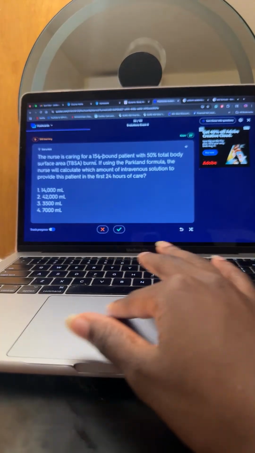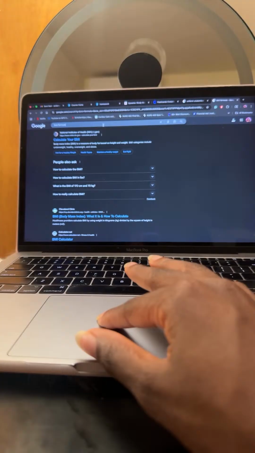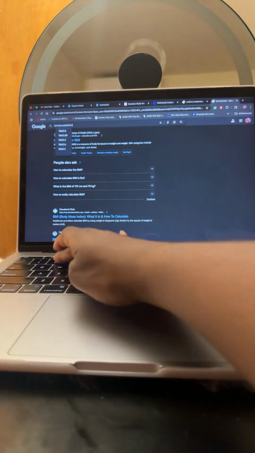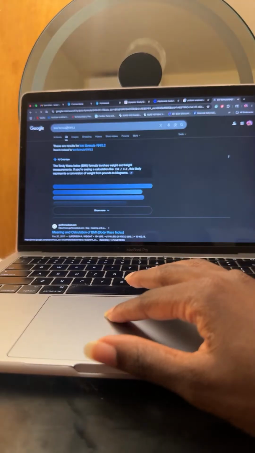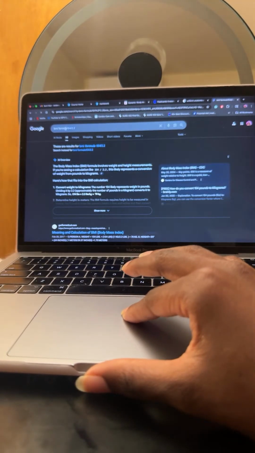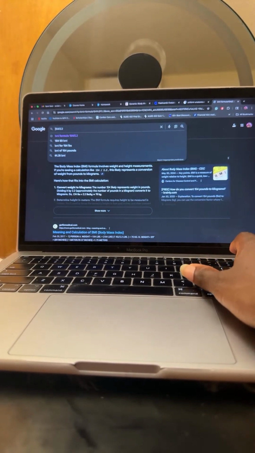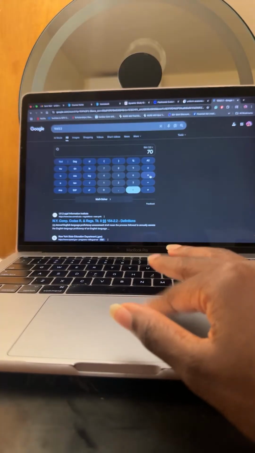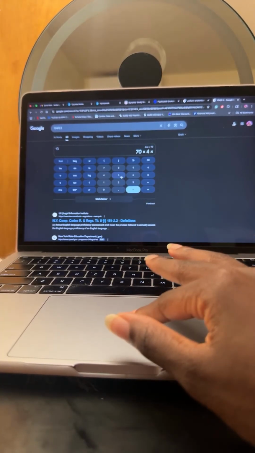So we're going to change pounds to kilograms. So 154 divided by 2.2. Okay, and then we're going to multiply this by 4 and then by, I think it was 50%.